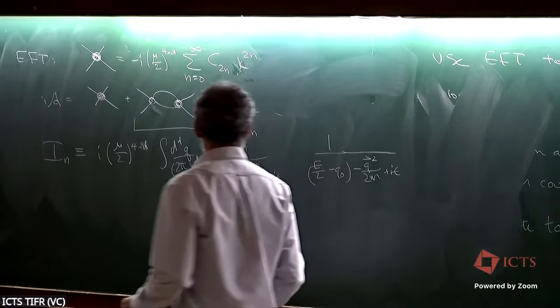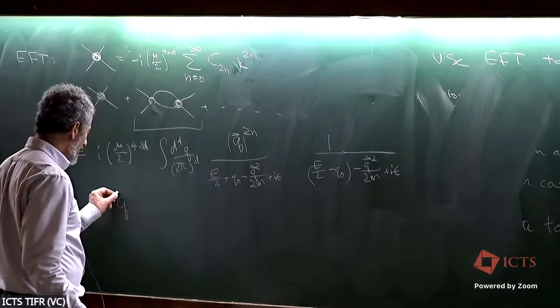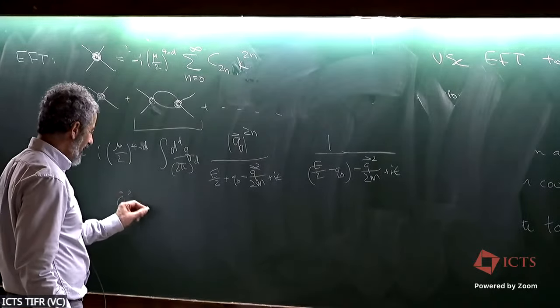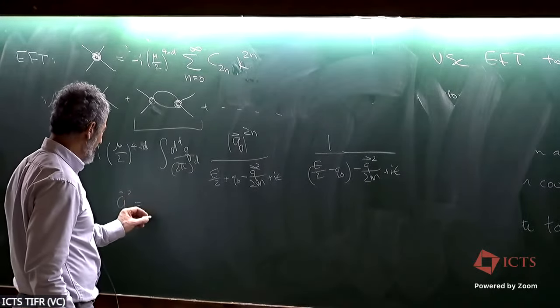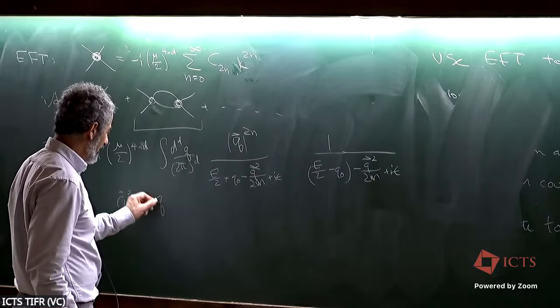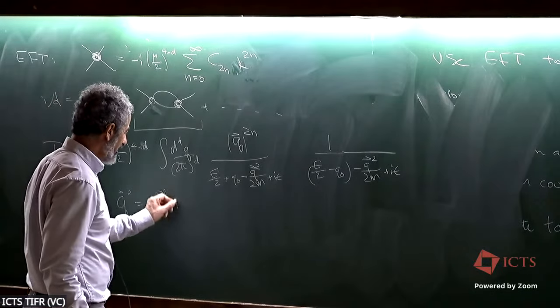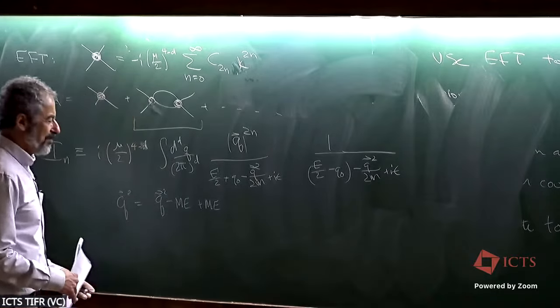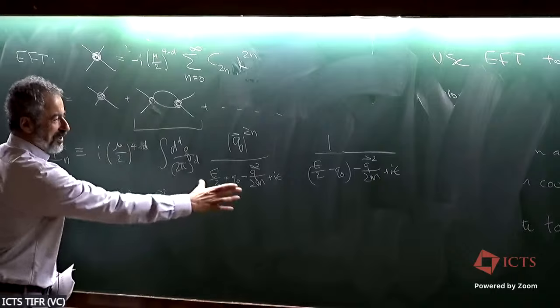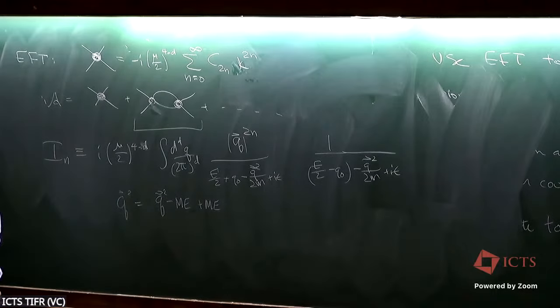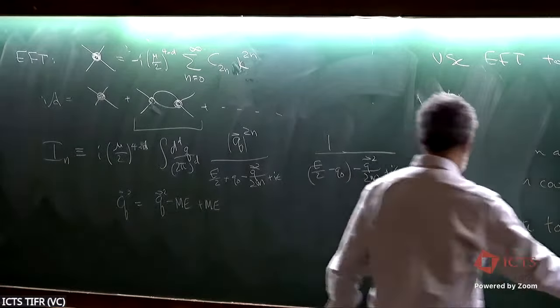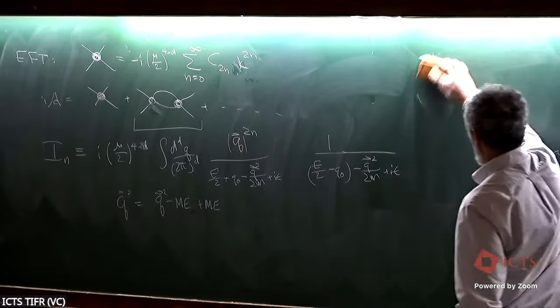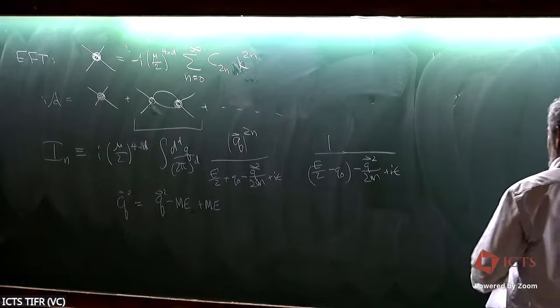Because of that, for the q squared upstairs, I can write it as q squared minus mE plus mE. This part will end up canceling one of the propagators. Well, I should have done the q naught integral first, to make it easier to see.